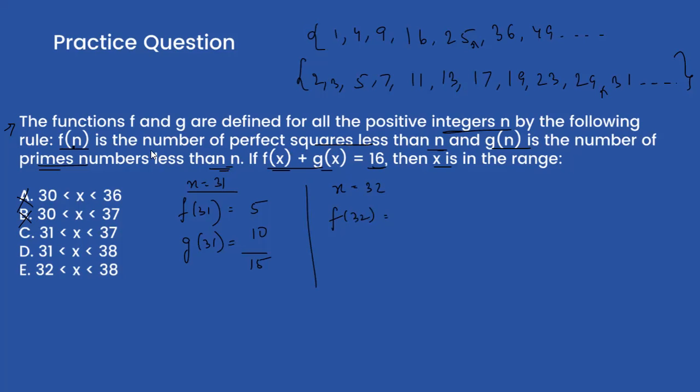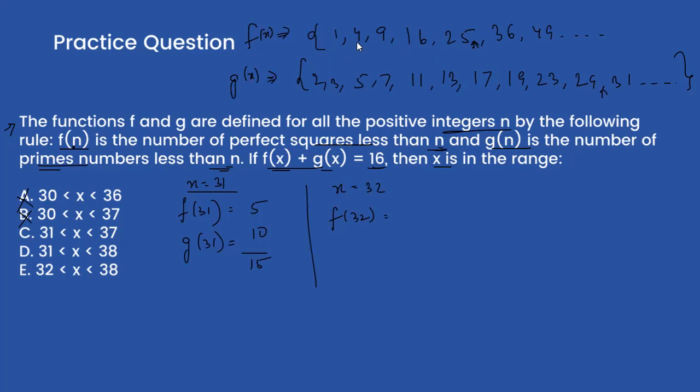Coming back to the function f, it is the number of perfect squares less than 32. This is f(x), and this set of information is related to the function g(x), to make understanding more clear. Less than 32, you still have till 25.